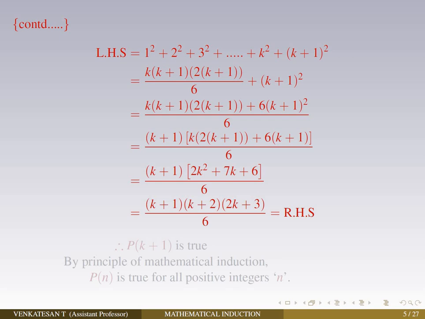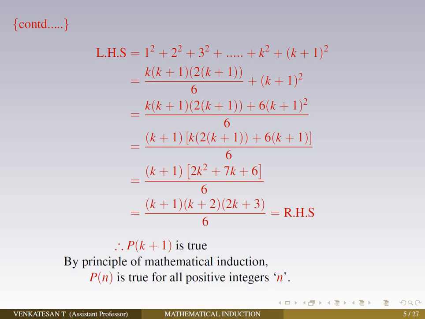After taking LCM and doing simplification, I will be getting (k plus 1) into (k plus 2) into (2k plus 3) divided by 6. This is my required right hand side. Hence, P(k+1) is true. Therefore, by the principle of mathematical induction, we can say P(n) is true for all positive integers n.